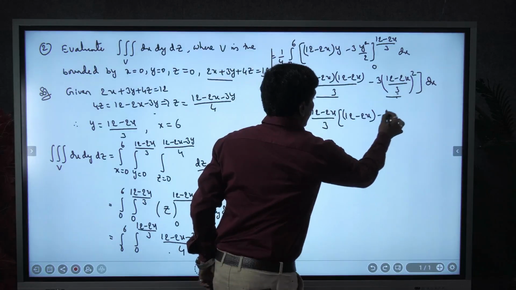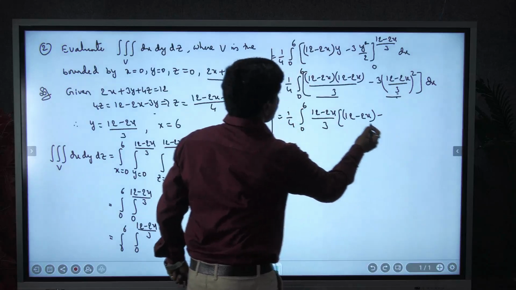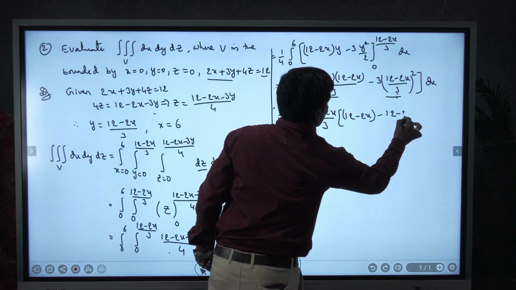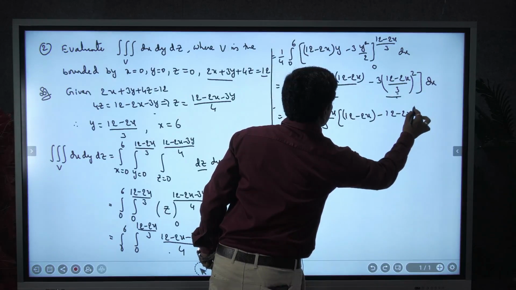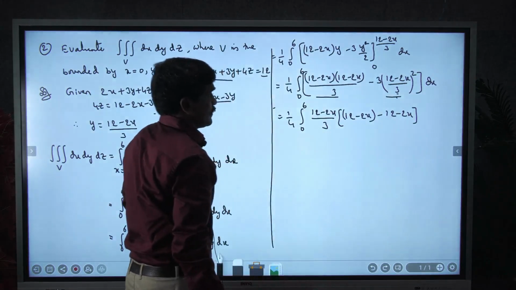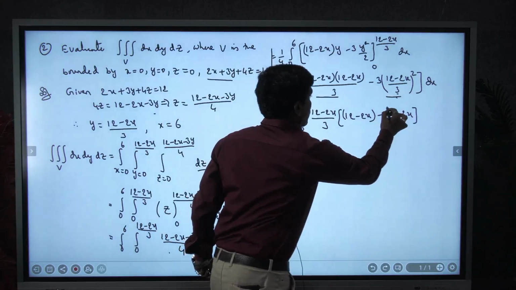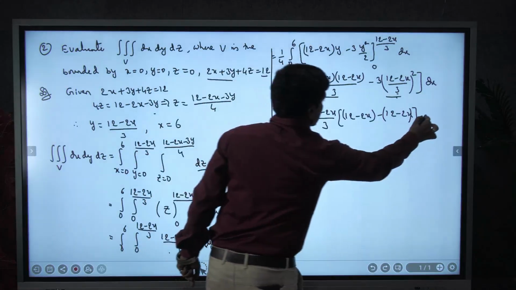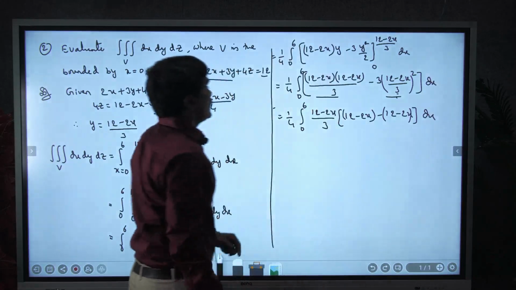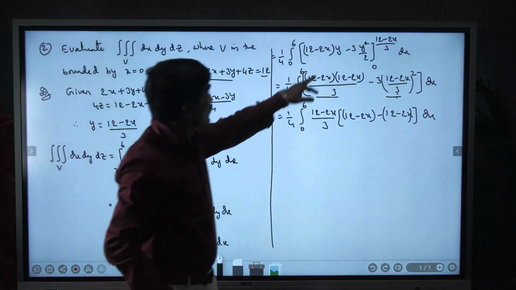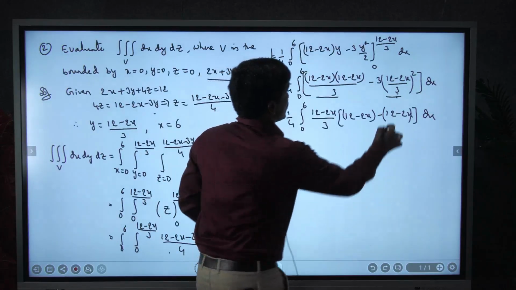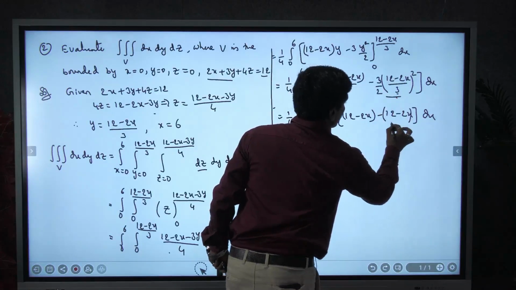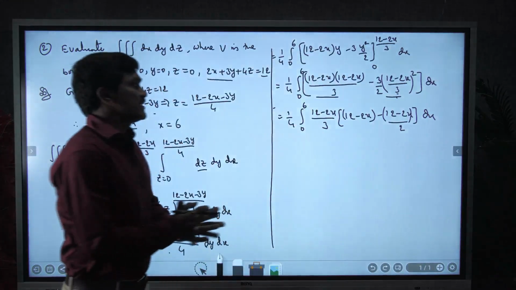So what is here? 12 minus 2x into dx, right? So here 12 minus 2x by 3, already here 2, right? This is the final value.